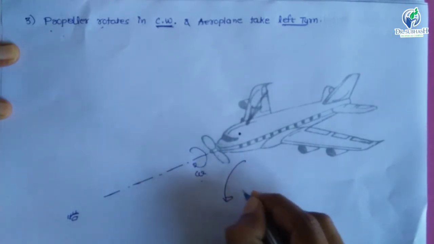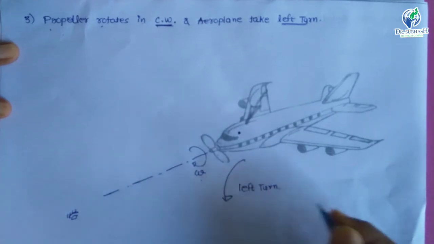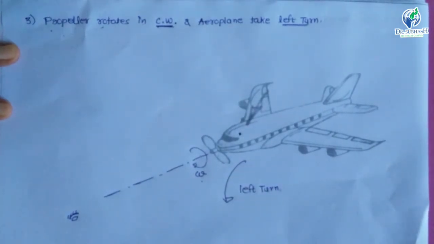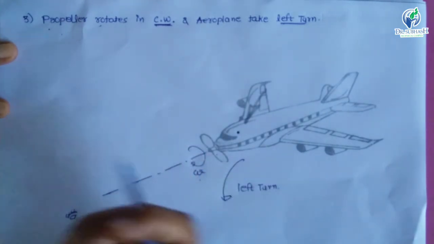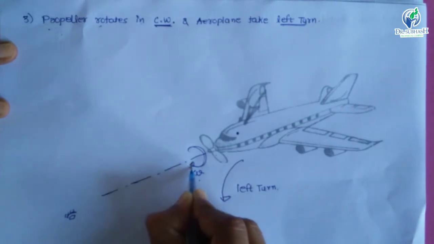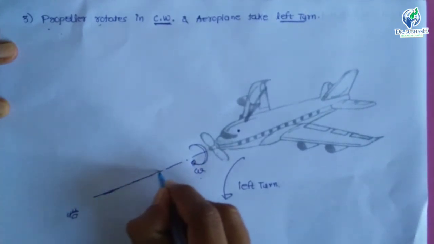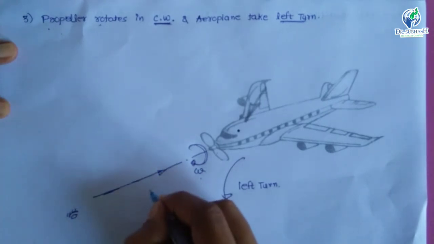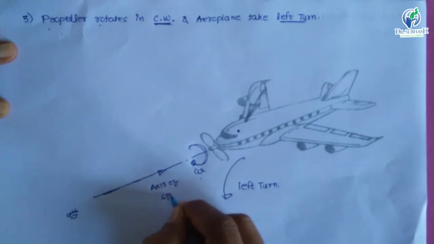Now if we use the right hand screw rule, then we can draw a vector that represents the axis of spin.